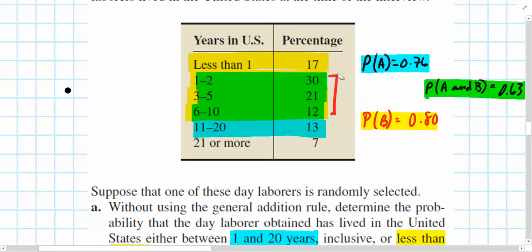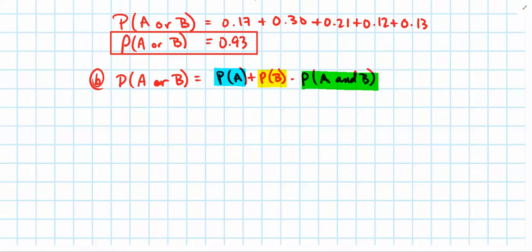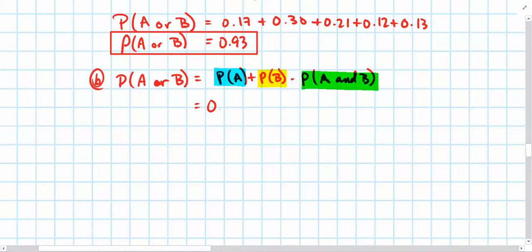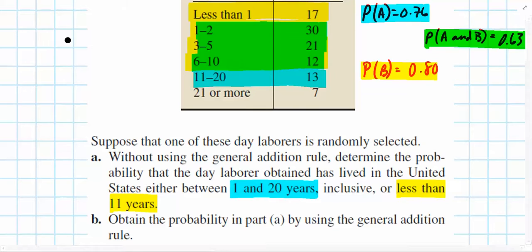That's the sum of these 3 events. So the probability of A, again, was 0.76. The probability of event B occurring is 0.80. And the probability of A and B occurring, where the two probabilities overlapped in this chart, was 0.63.